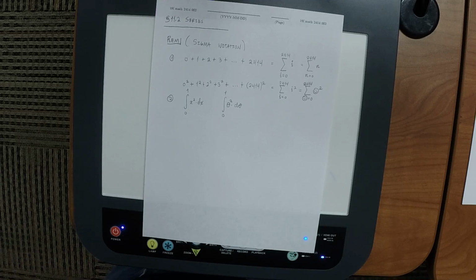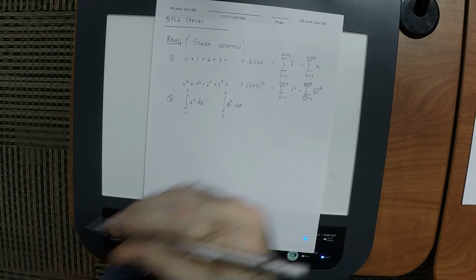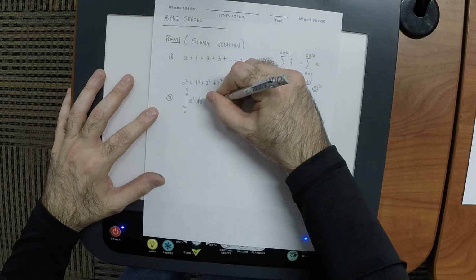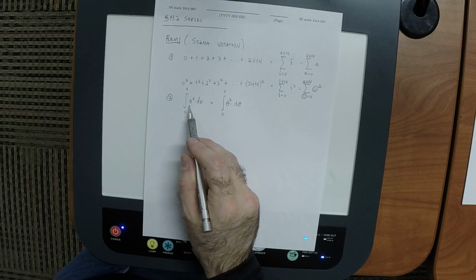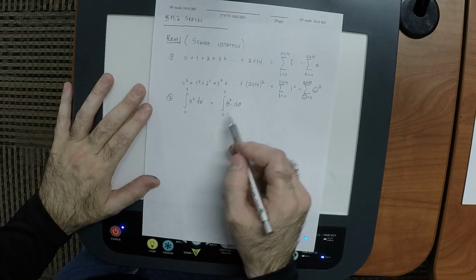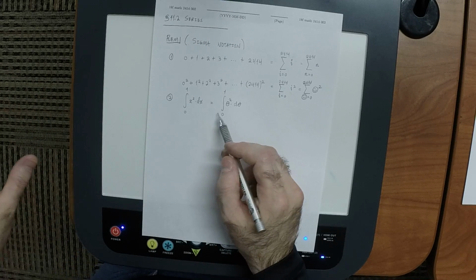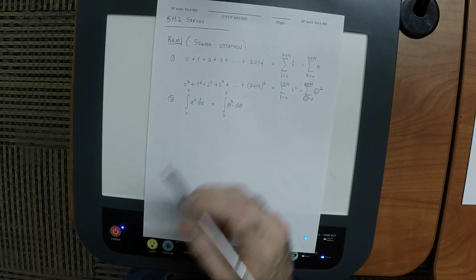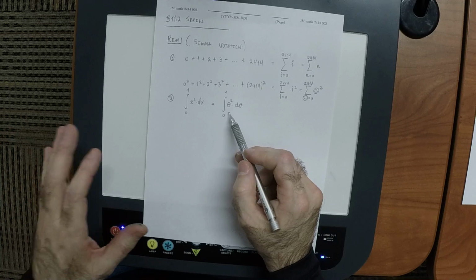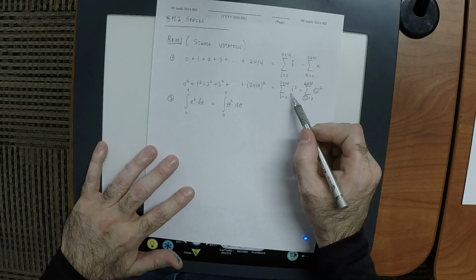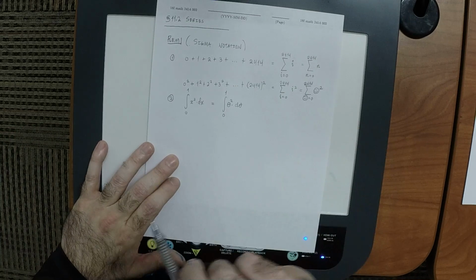Are those the same? They're the same, in the same kind of way that, whatever that number is, it doesn't depend on x. And whatever this number is, it doesn't depend on theta. Those are the same number. So in this expression, x is called an index, and in this case, theta is called an index. And here, i is an index, and smiley face is an index.